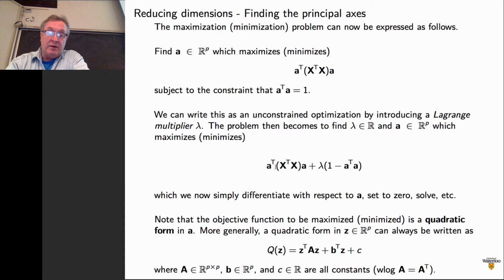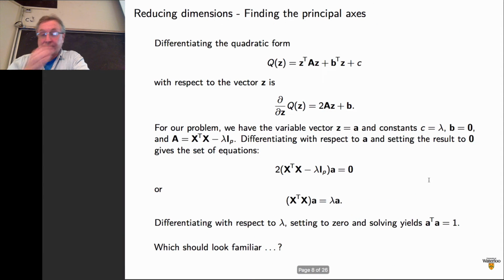So here, this is our quadratic form, Z transpose A Z. But it's also got this piece in here, which has got an identity in between. So the matrix corresponding to A here is going to be X transpose X minus lambda times the identity. So differentiating that, we get a system of equations.